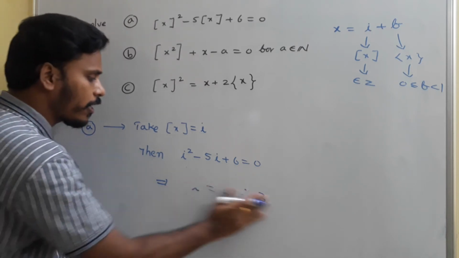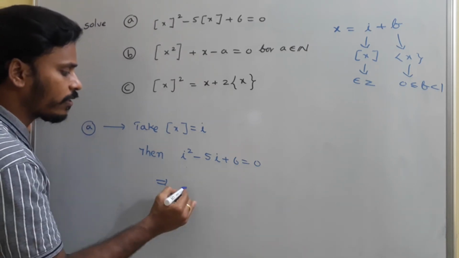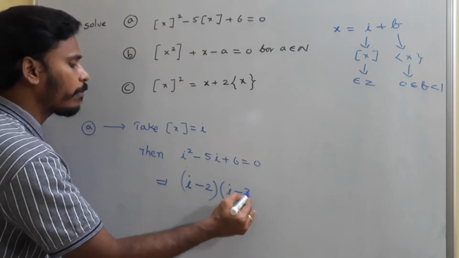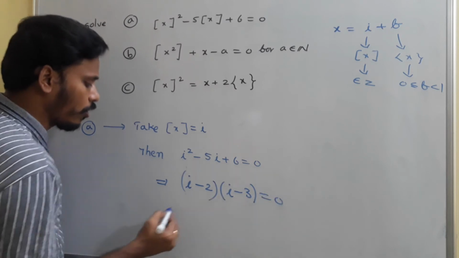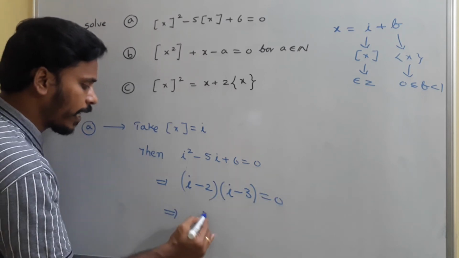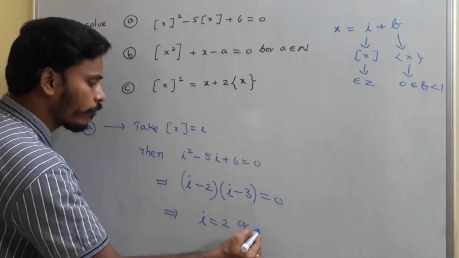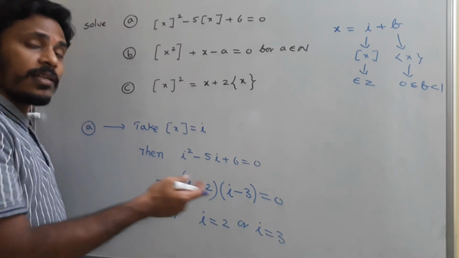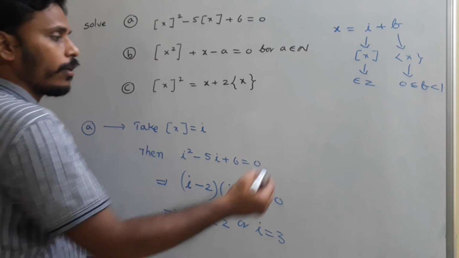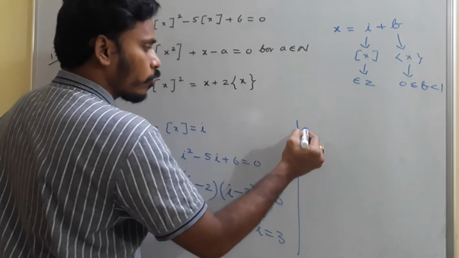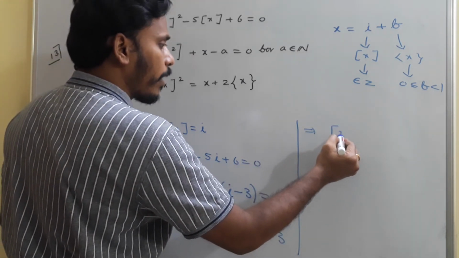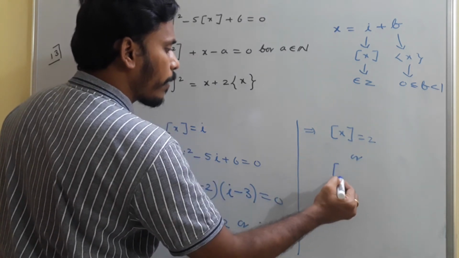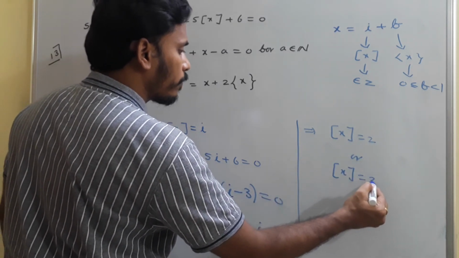If you feel any discomfort there, you just write it like this: I minus 2 into I minus 3 is equal to 0, and from there you will get I is equal to 2 or I is equal to 3. And what is I? I is step x actually, right? So that implies step x is equal to 2 or step x is equal to 3.